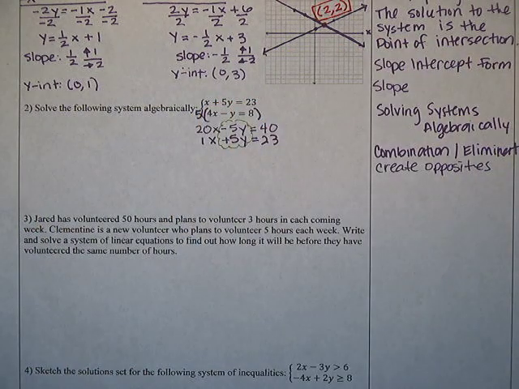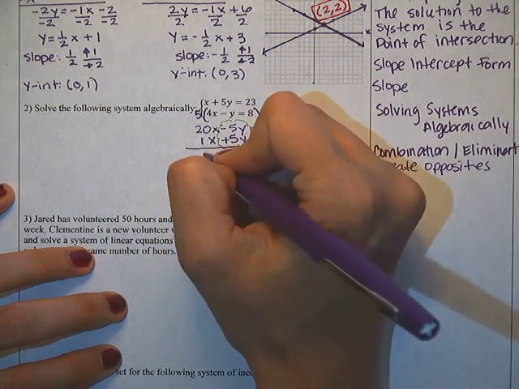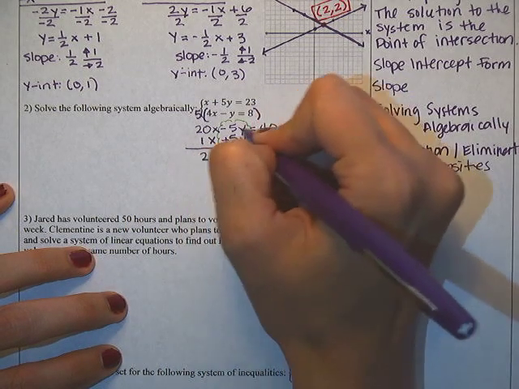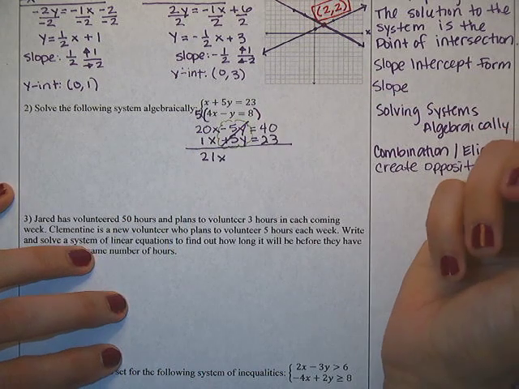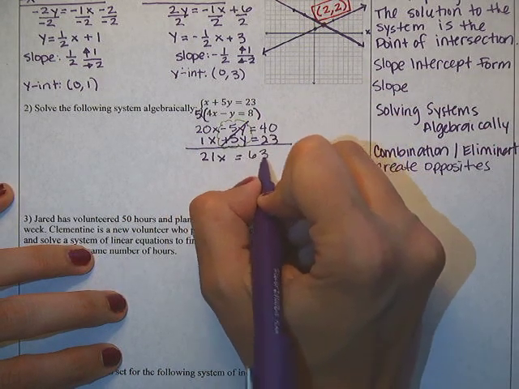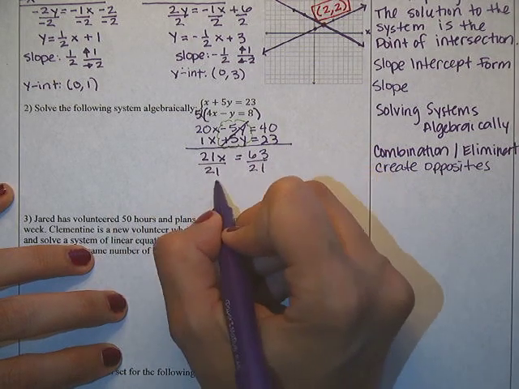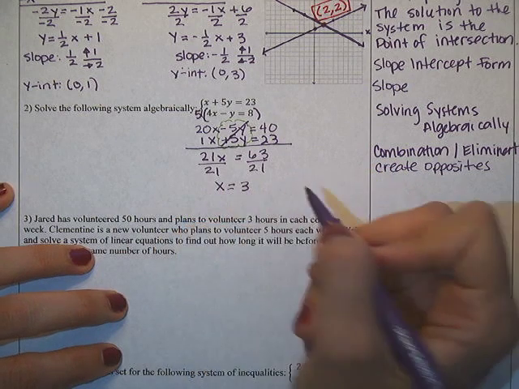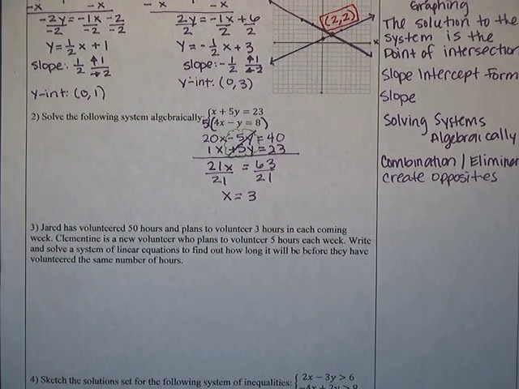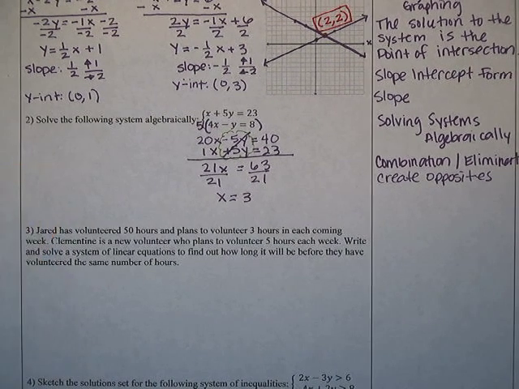The reason we want opposites is then what we do is we combine the two equations and we get 21x, the y terms equal 0, therefore it's eliminated, equals 63. Divide by 21 and x equals 3. Now remember, the solution to the system is the point of intersection, so we're looking for a coordinate here, so we are not done.